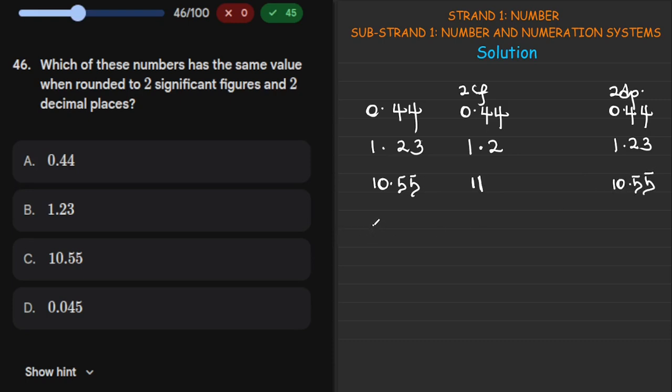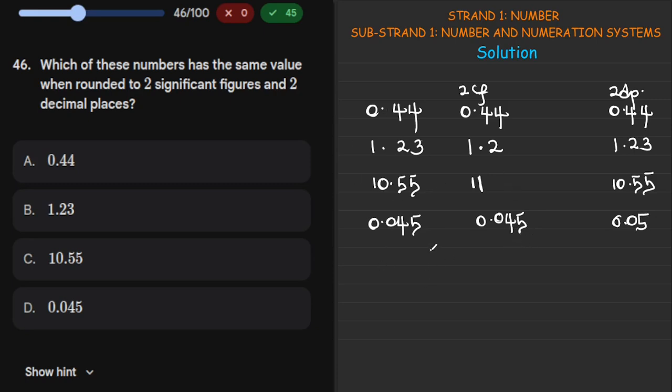Then for the very last one, which is 0.045, if you want it in 2 significant figures, it remains the same because the leading zeros we have there are not significant. Then for 2 decimal places, we have 0.05. The 4 becomes 5 because our decider is going to round it up.